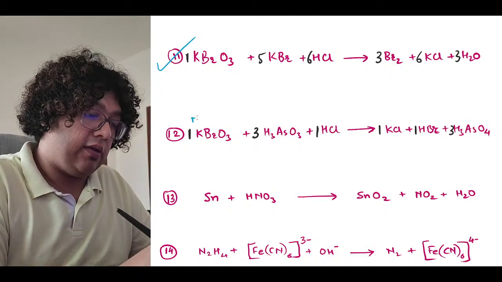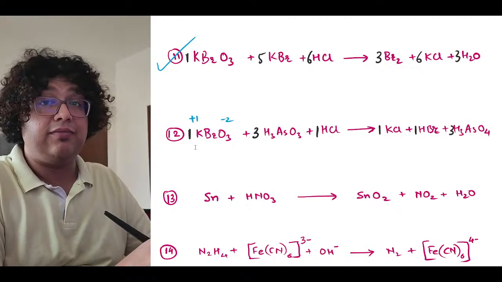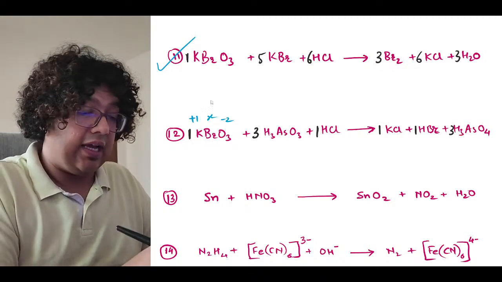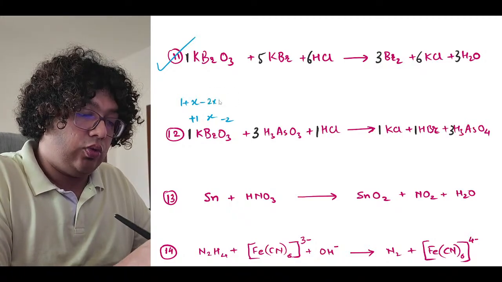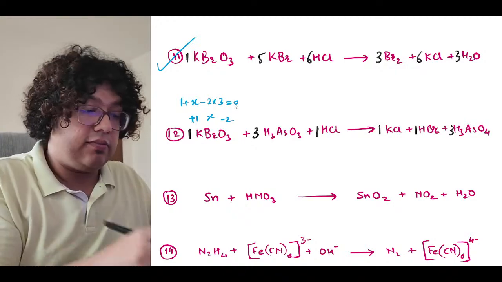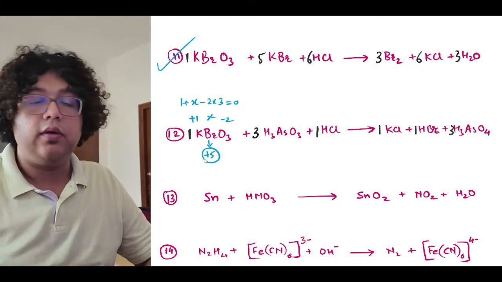Do them once again. Potassium is in +1 oxidation state, oxygen is in -2 oxidation state. Let's suppose bromine is X. So 1 plus X minus 2 into 3 should total to 0.